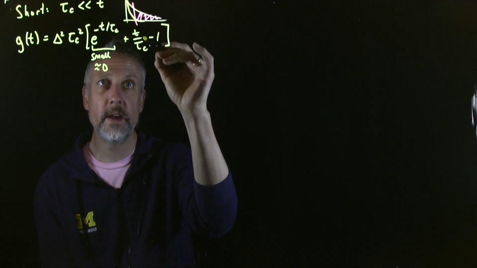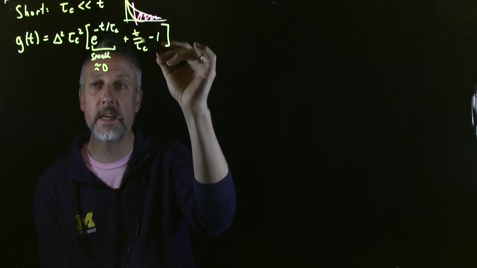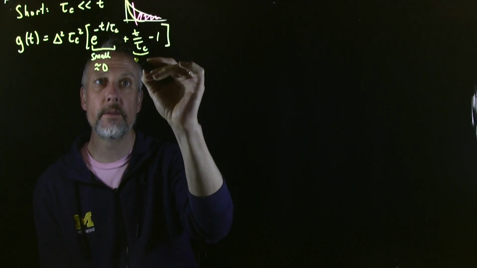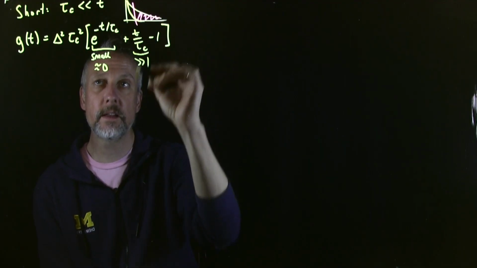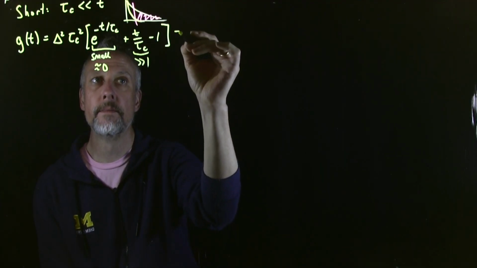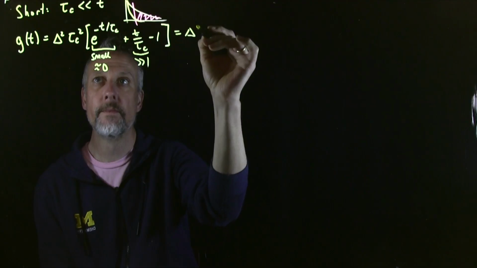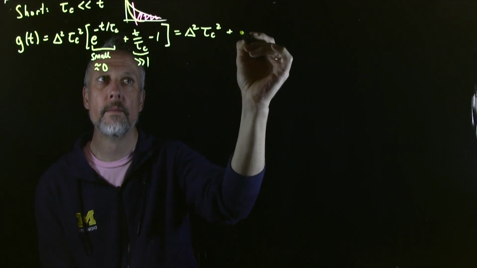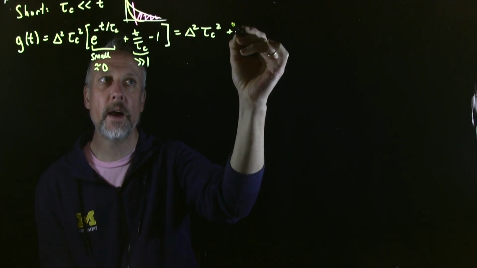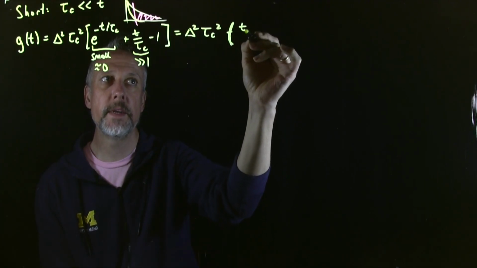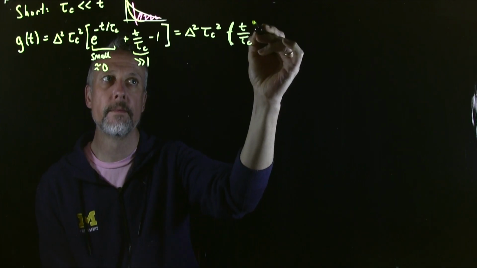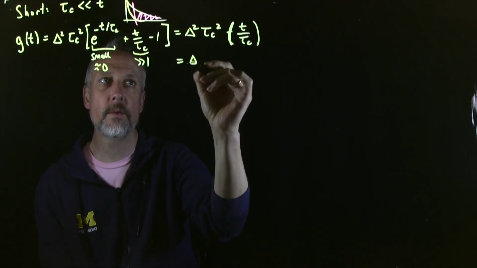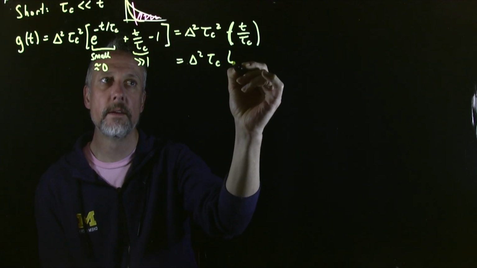One thing we know is that if tau c is very small, then t over tau c is much bigger than 1. This term here is much bigger than 1, so we can neglect the 1 at the end. That gives us delta squared tau c squared times t over tau c, which gives us delta squared tau c times t.